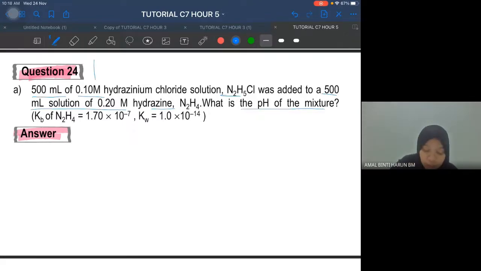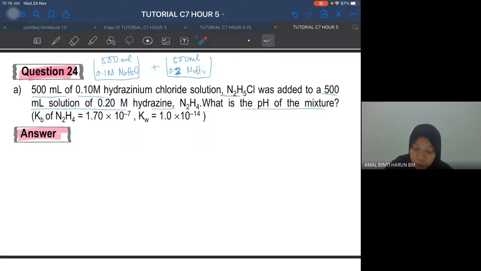Okay, kita ada satu solution 5 ml 0.1 molar N2H5Cl plus 5 ml 0.2 molar hydrazine. Okay, so something kalau you nampak N2H4 and then dia punya ion ni lebih kurang sama dengan ni. So we believe that this is the weak, the salt, and this is the weak base.